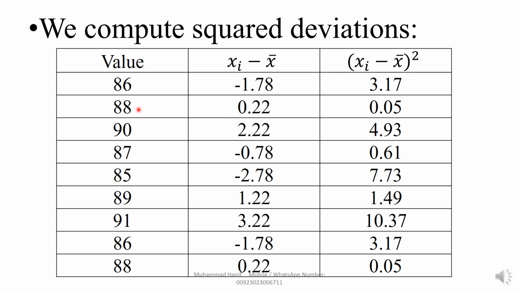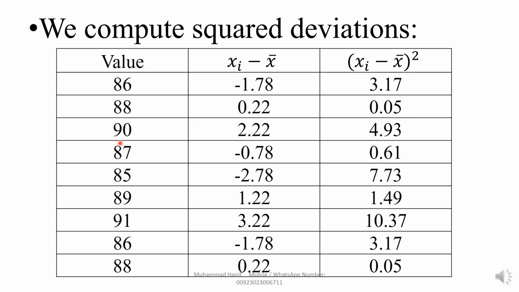Same process: 88 minus mean of x, we get 0.22. Then the square means 0.22 multiplied by 0.22, we get 0.05.